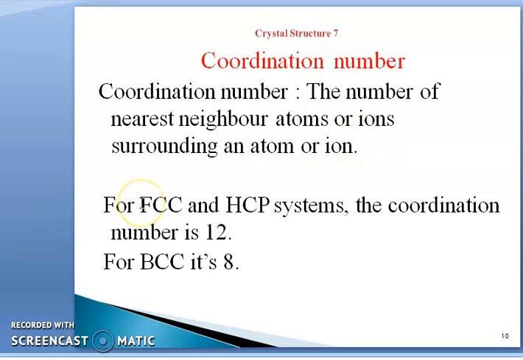For FCC, I mean face-centered cubic crystal, and HCP systems, the coordination number is 12, and for BCC, body centered, the coordination number is 8. Remember, for FCC and HCP it is 12, and for BCC it is 8.